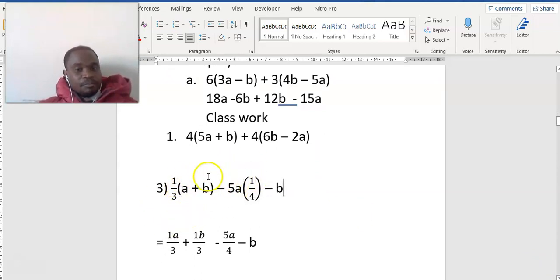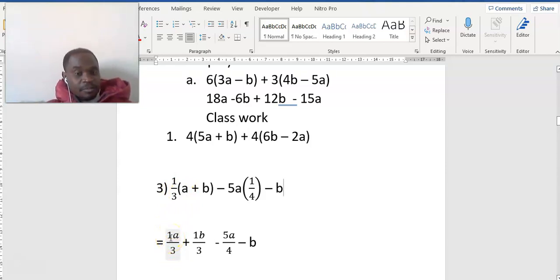Okay, this one is the main thing that we are going to look at. This time it's not a whole number like this, it's a fraction. So here 1 over 3 times A will give you 1A over 3. You just put the 1 there.